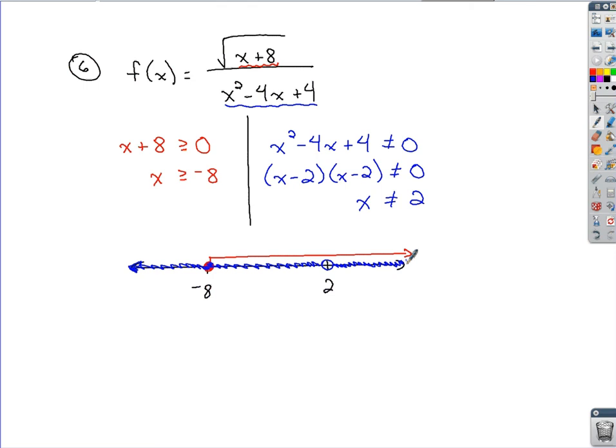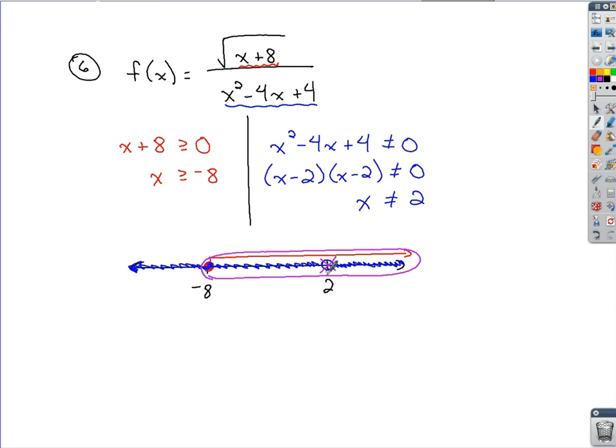The thing, once again, is you're taking the intersection of the two, so where do those overlap? Well, it looks like they overlap in here, right? The exception would be right here at 2. There's no overlap.